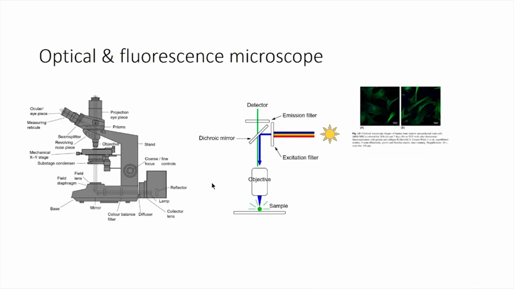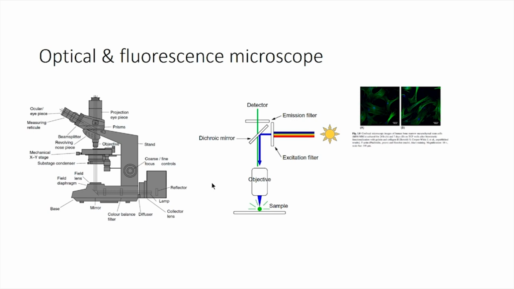This is a schematic representation of an optical microscope and a fluorescent microscope. In an optical microscope you have a lens piece and a light source, and you keep the sample inside. Based on the light source, the sample is observed through the magnification piece and the objective piece.